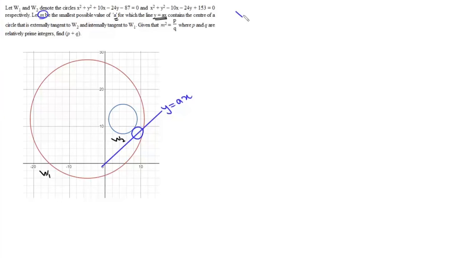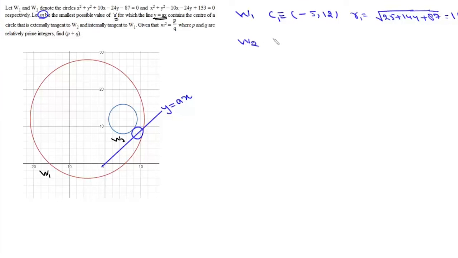Now for W1, the center is at (minus 5, 12), and its radius will be the square root of 25 plus 144 plus 87, and that is 256, which is 16. So center one is (minus 5, 12), and radius is 16.